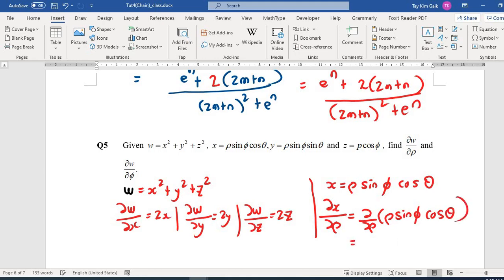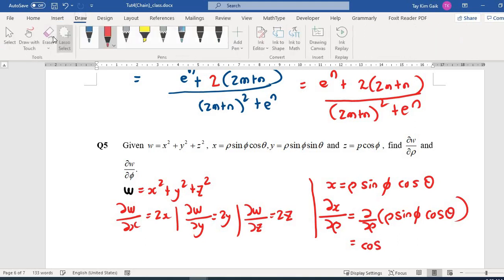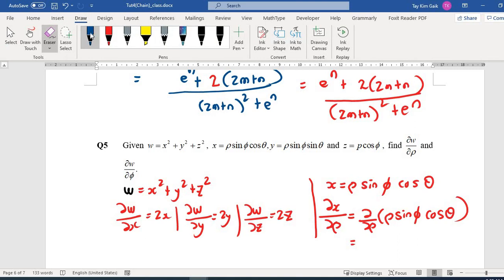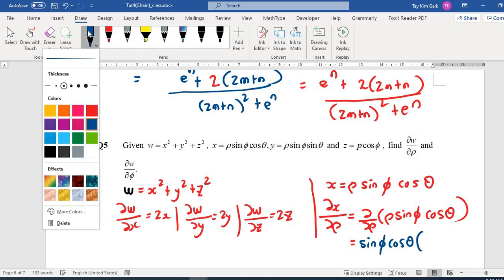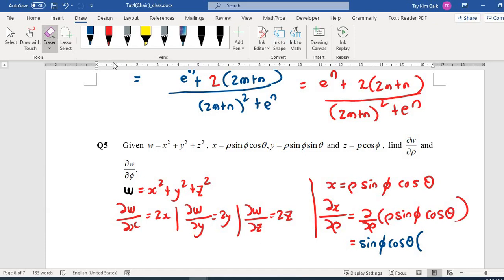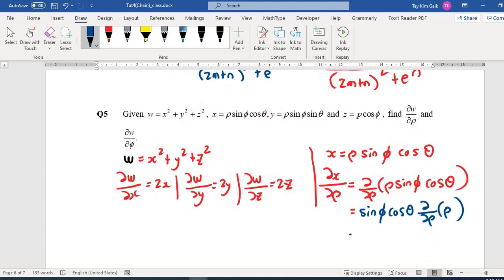When you del rho, sin phi cos theta are constant, so you factor out sin phi cos theta, and then del rho of rho, the answer is 1. That's why you have sin phi cos theta.